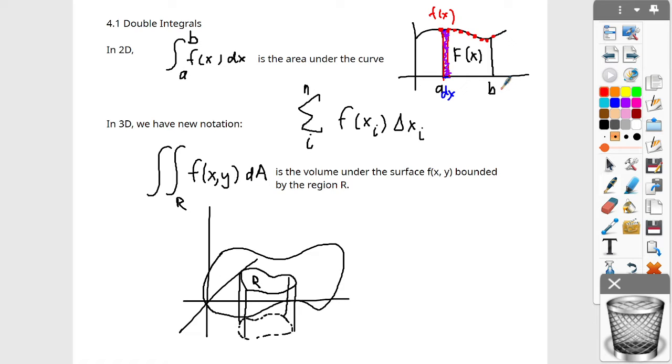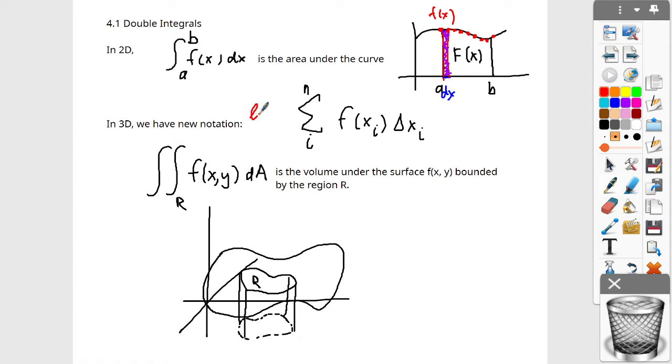As dx gets closer and closer to 0, which means as the width gets closer and closer to 0, we add up more slices and we get more accurate results, and that's why we have this notation right here.